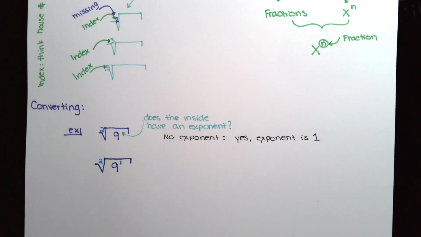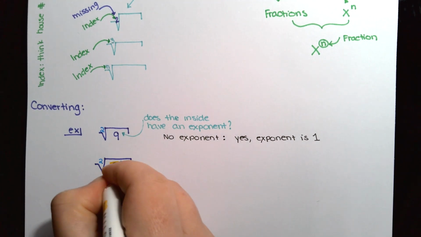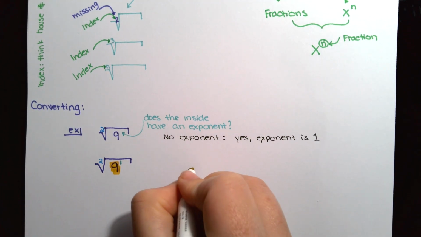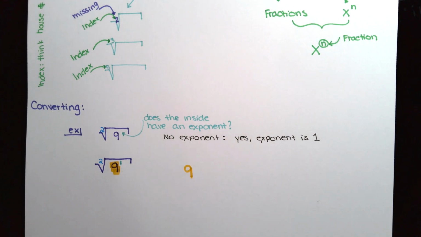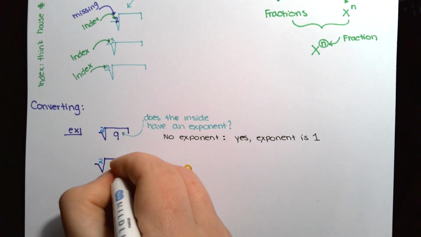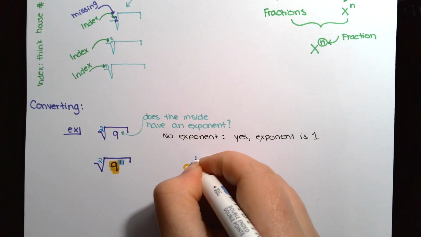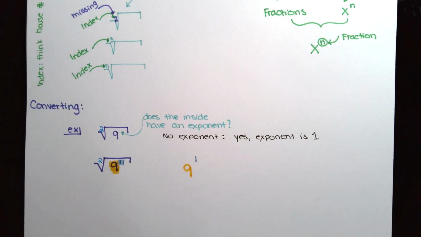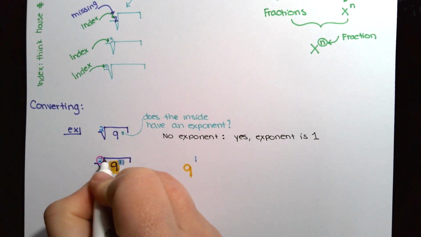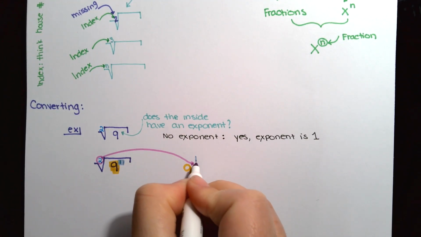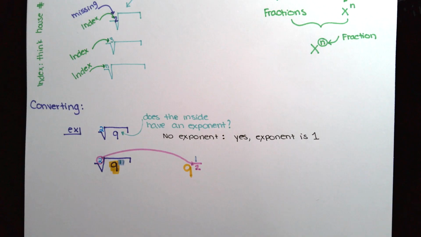And so to rewrite it from a radical to a rational exponent, we are going to take the base. Then we are going to take the exponent. So basically everything that you typically see. Here's our exponent of 1. Now the trick here is with the index. The index is always going to be your denominator.